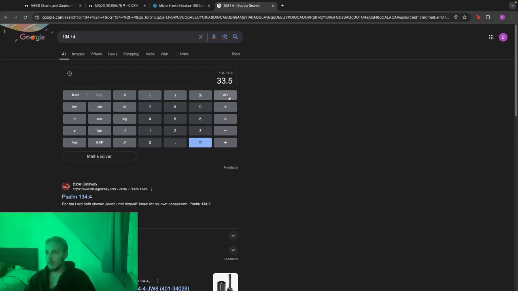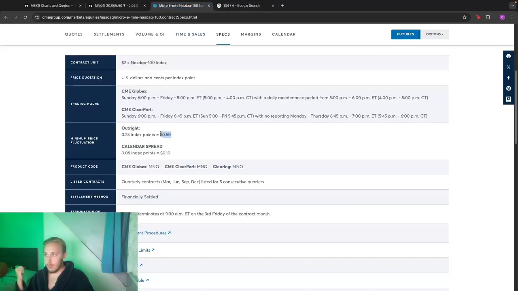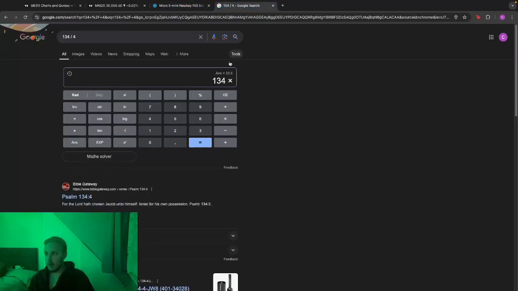So to work out our risk, we do 134 times, well, not 4, the tick value, 0.5. So the risk on this trade for one contract would be $67. Now, if you're on a 50k account, you're going to want to risk about 0.5% each trade. That's what I'm going to do.